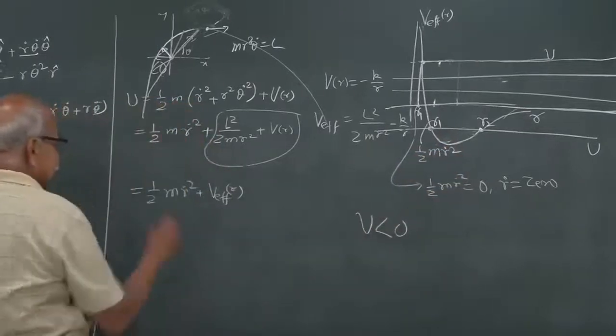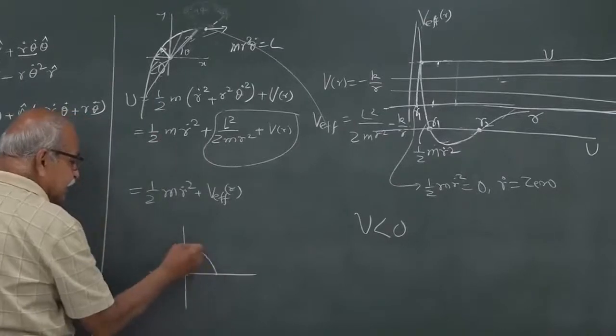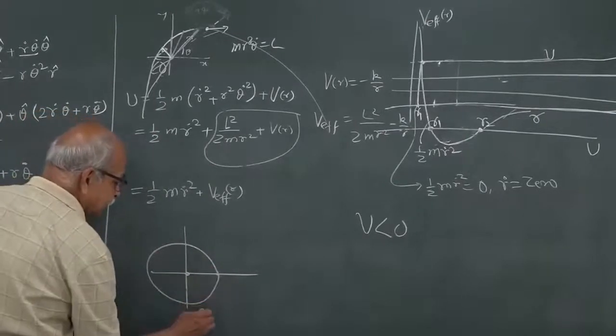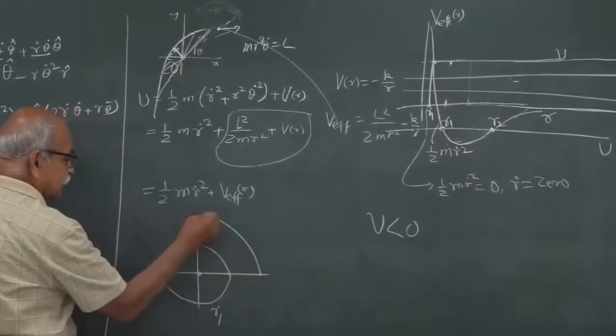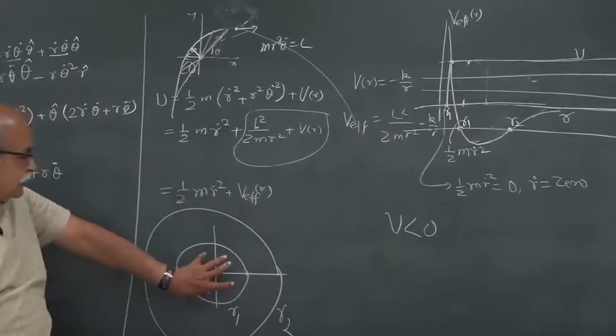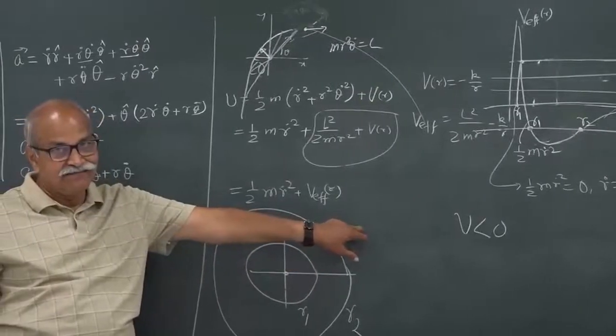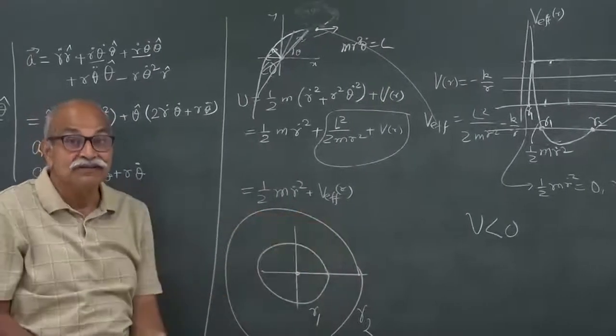So, physically if this is the origin, and this is a circle of radius r1, and this is a circle of radius r2, the particle cannot go inside this circle and cannot go outside this circle. The particle is bound.